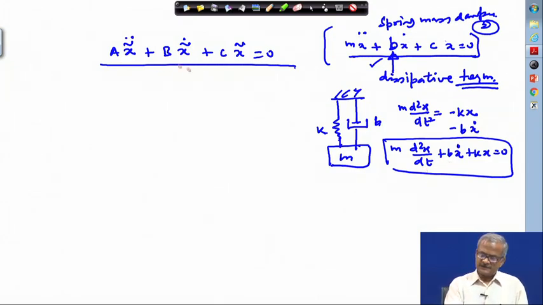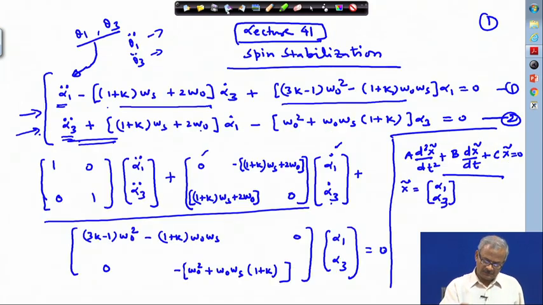Ultimately these two equations look similar, but there is the difference that this is a dissipative term, while here in this equation, this part is not dependent on alpha 1 dot, this is alpha 3 dot here, okay. This is not alpha 1 dot. Had it been alpha 1 dot, then we can say that this is a dissipative term if it comes with a plus sign.